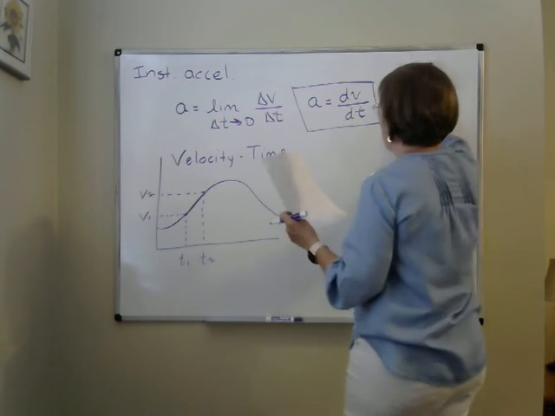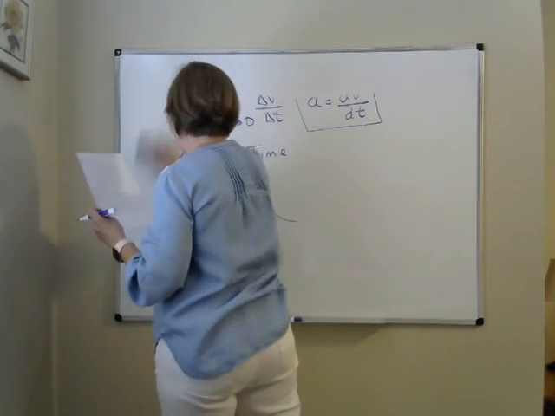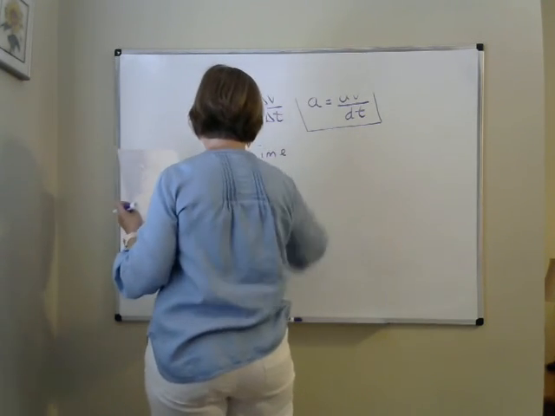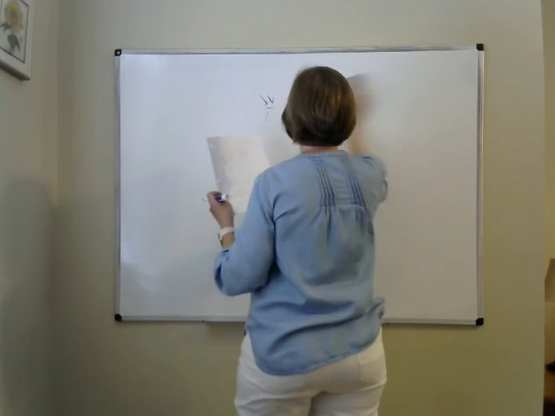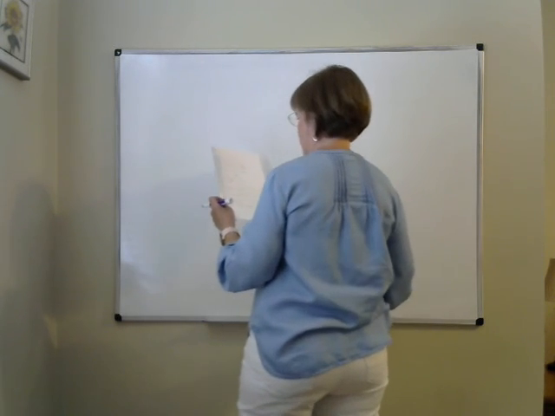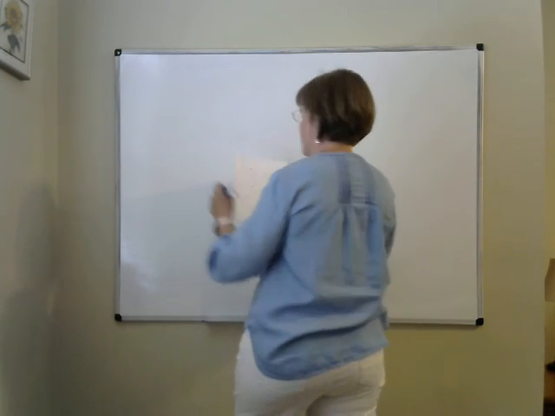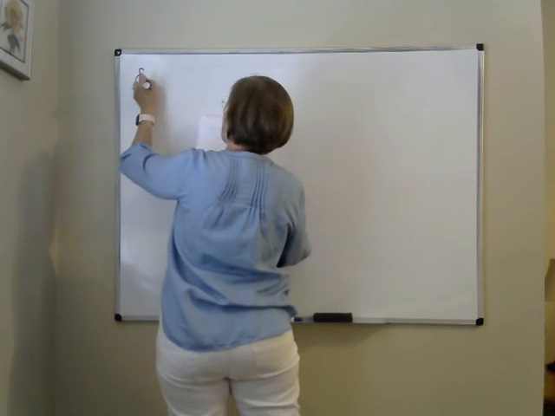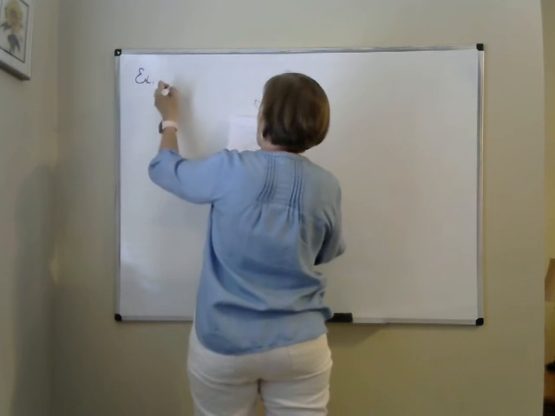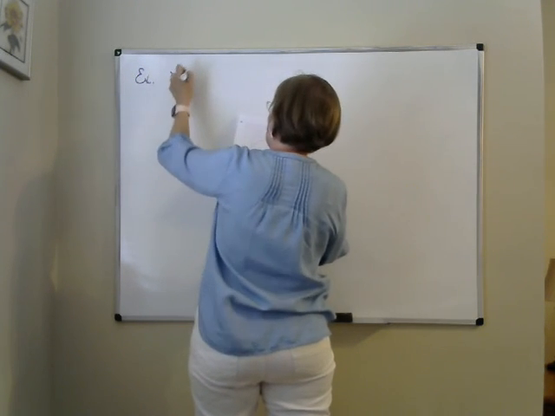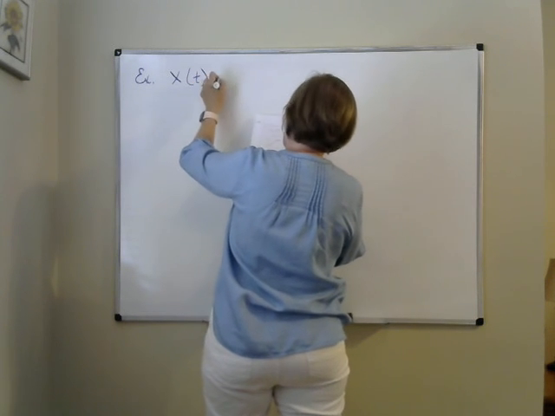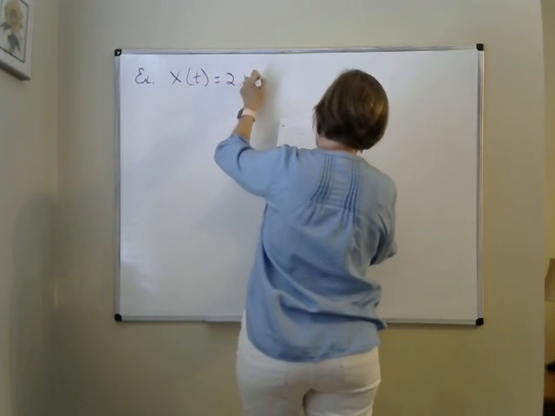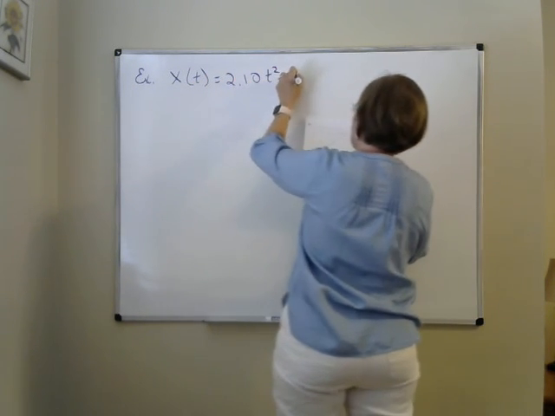Let's do an example with instantaneous acceleration. Suppose we have a position function x of t equals 2.10t squared plus 2.80.